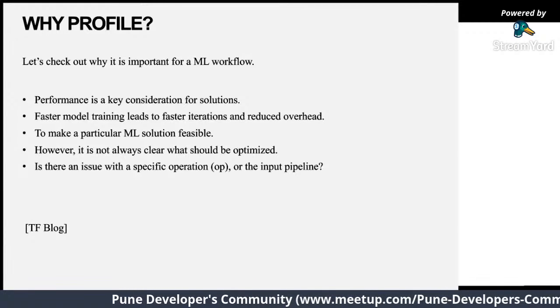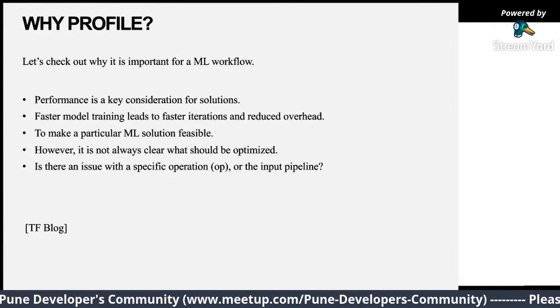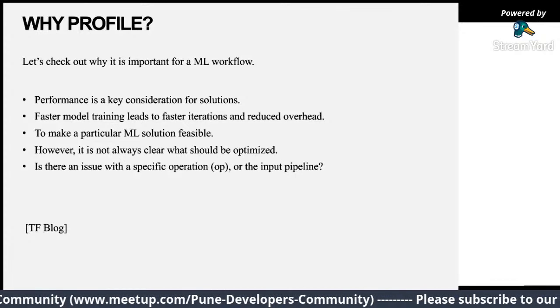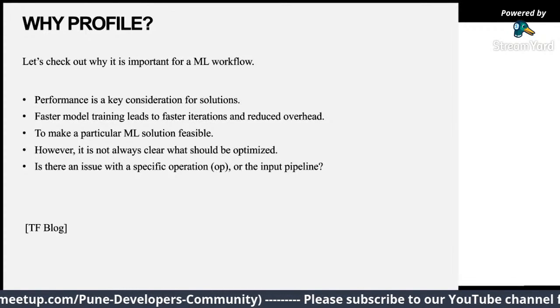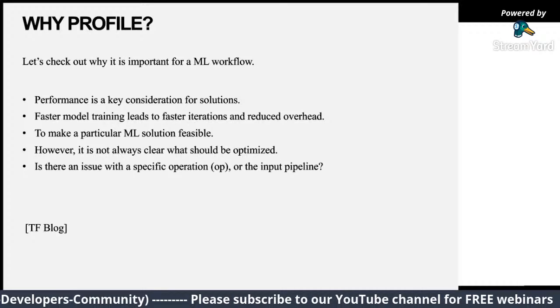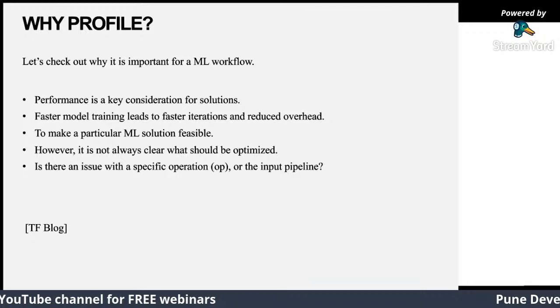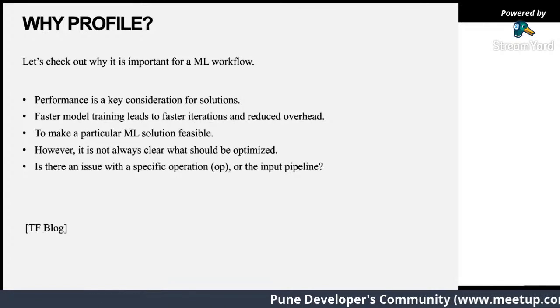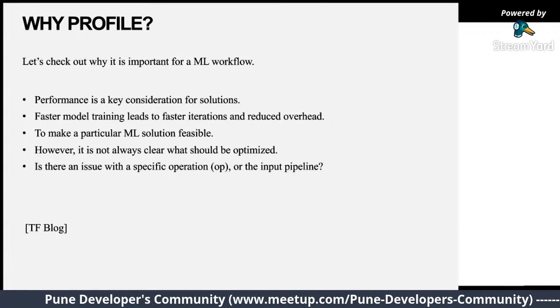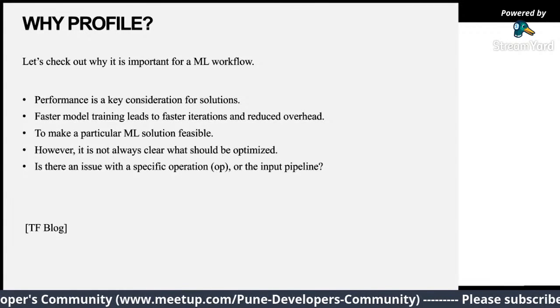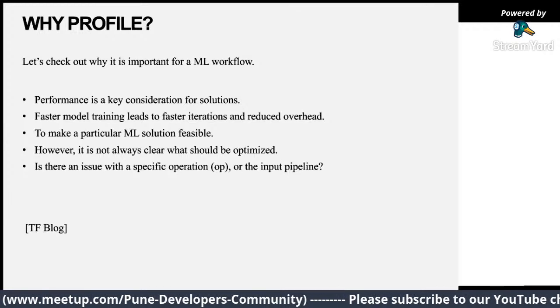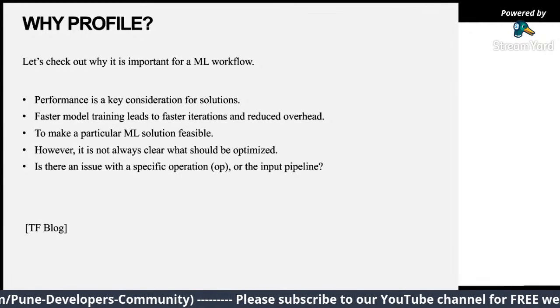There is overhead in pulling 1 GB of data using IO operations and passing it to the GPU, which is called an input pipeline. There is also the Python overhead, since Python, as we all know, is an interpreted language. And there is the overhead of calling various TensorFlow APIs. So it is not always clear which part should be optimized.